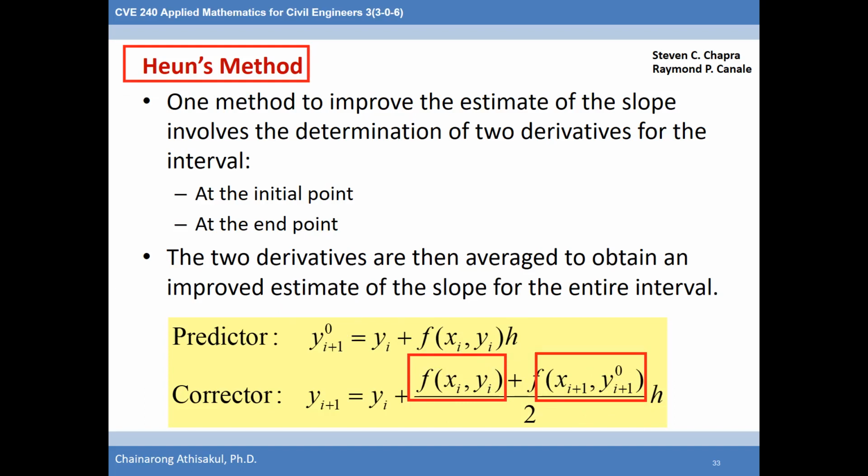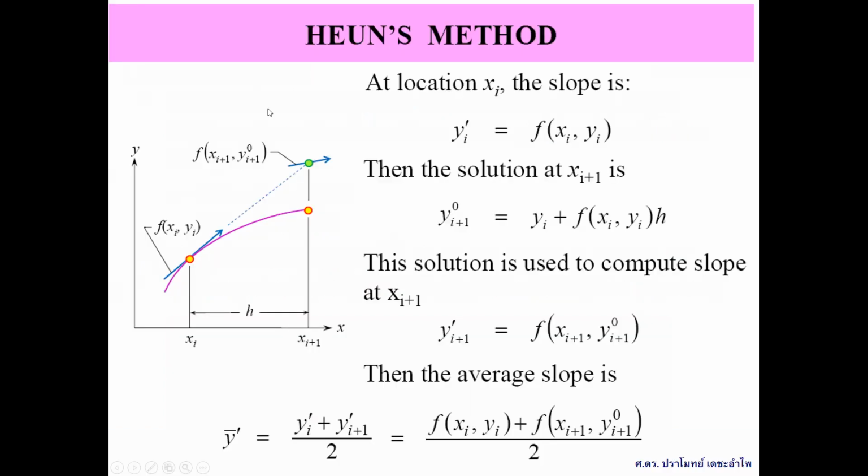So now, based on the Euler method, we use just the initial slope. This is the initial condition, where we know the solution. And after that, we use the initial slope here. This is the initial slope.